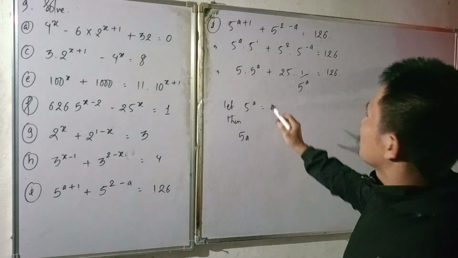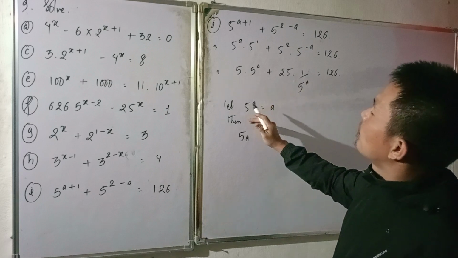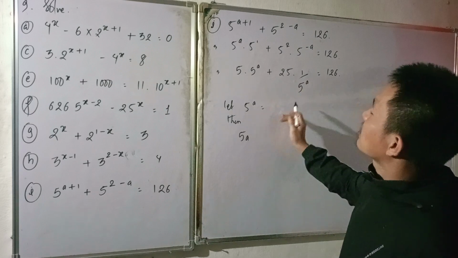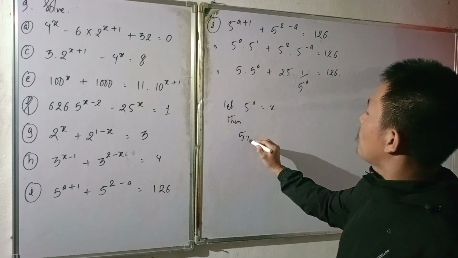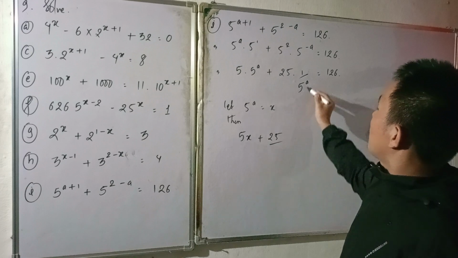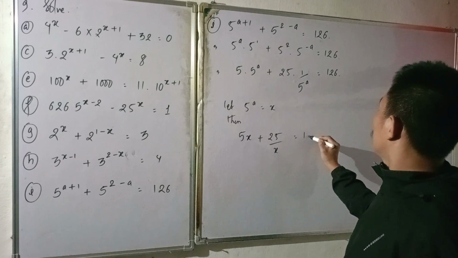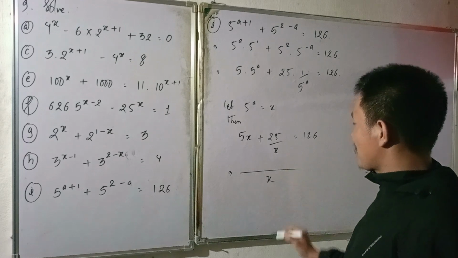We have already here 5 power a, so suppose 5 power a is x, otherwise you will be confused. So 5x plus 25 by 5 power a, that is x, is equal to 126. Now just take the LCM.